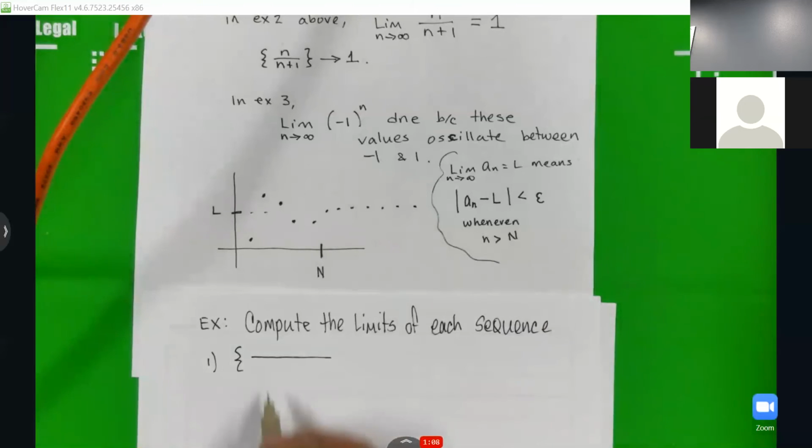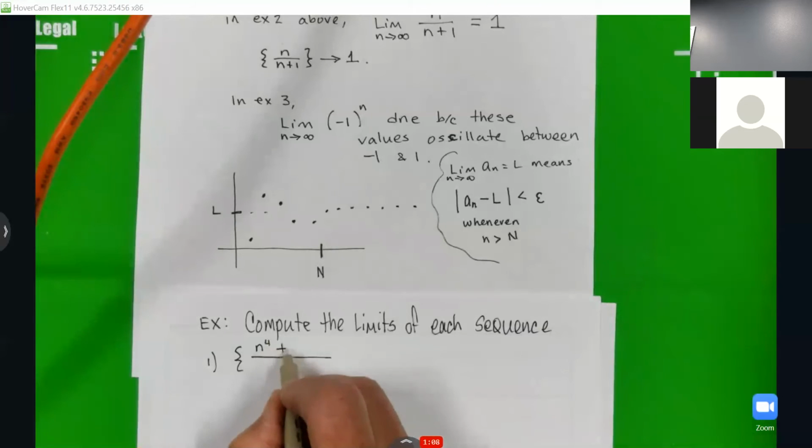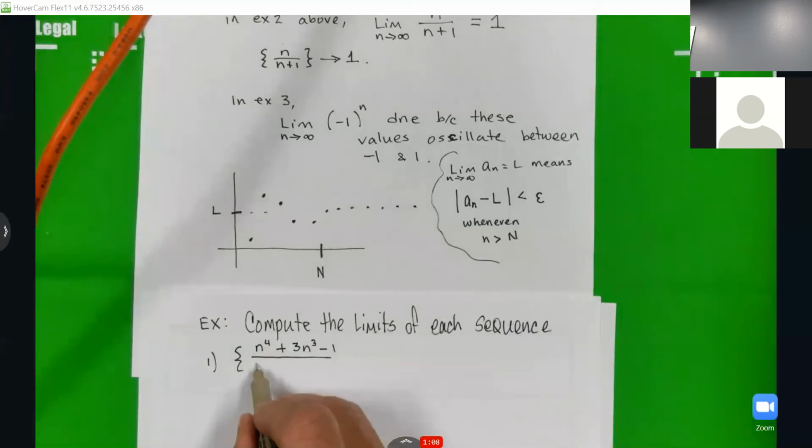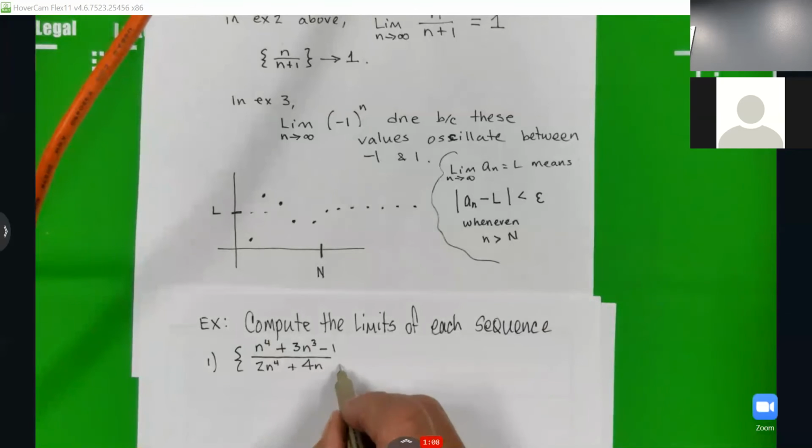On top, I'm going to have an n to the fourth plus 3n cubed minus 1 divided by 2n to the fourth plus 4n plus 5.